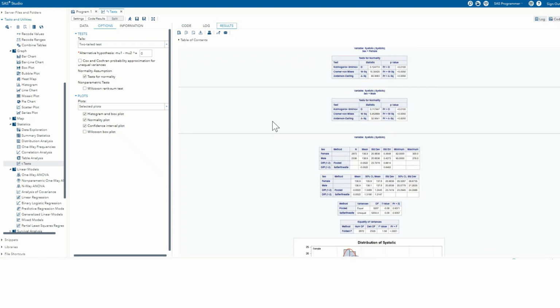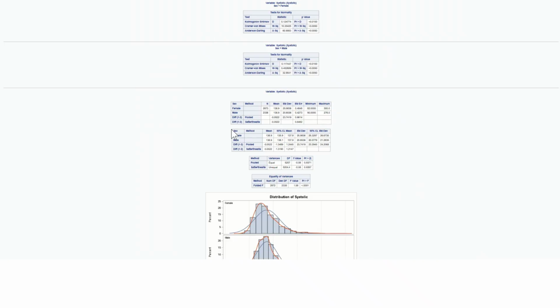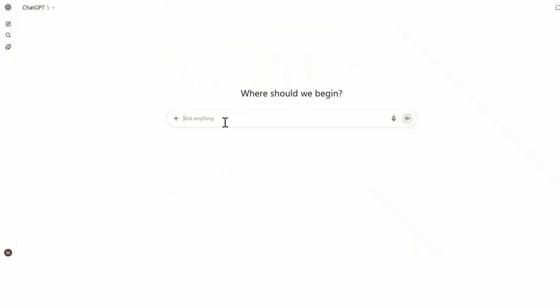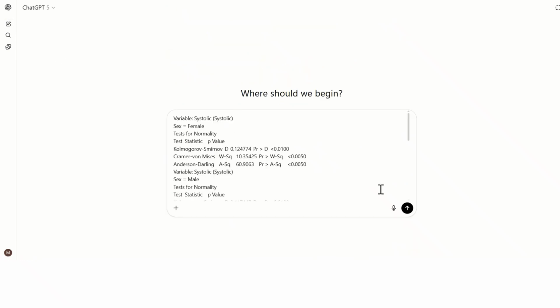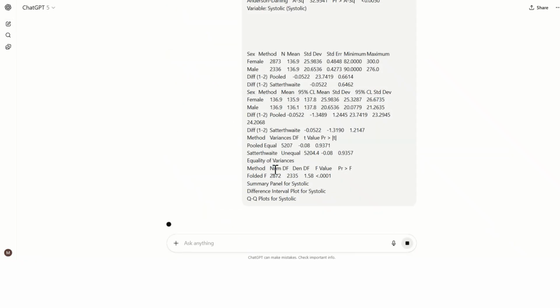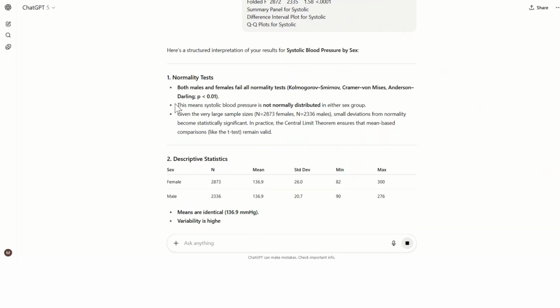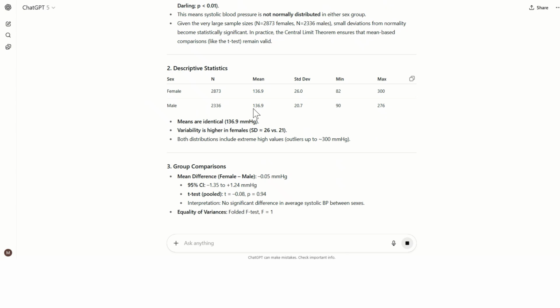Okay, so here are our results. I'm just going to open them up in a separate tab, Control A, Control C, and open up a new ChatGPT query, paste my results here, and let the AI use its magic.